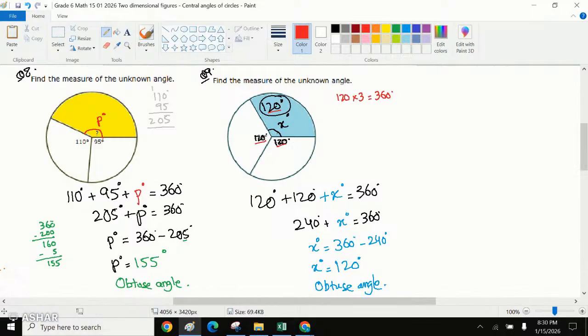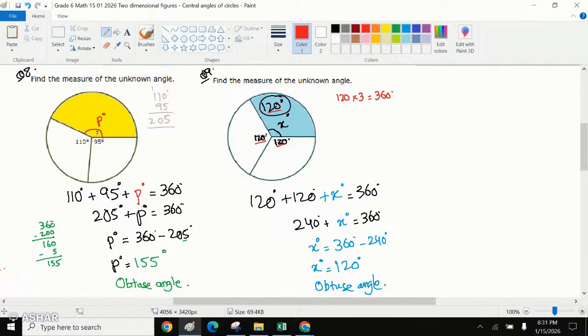Whenever they say that a circle is divided into three, let's suppose you buy a pizza and there are three friends, right? And all three friends want to share equally, right? Then the pizza should be sliced at an angle of 120.